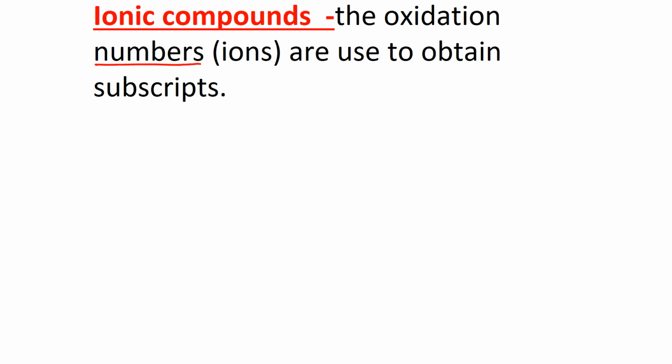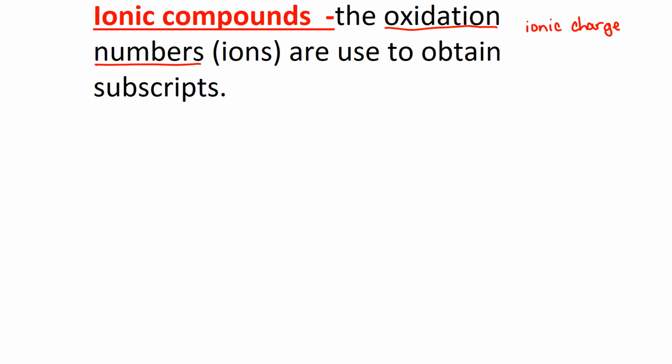Last chapter, when I was talking about the periodic table and atoms, I didn't necessarily call them oxidation numbers. I called these ionic charge. They're the same thing.